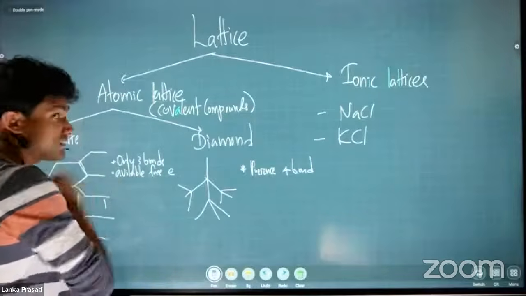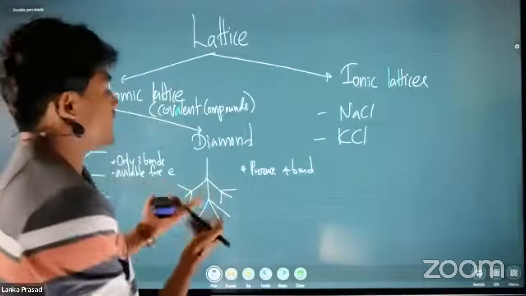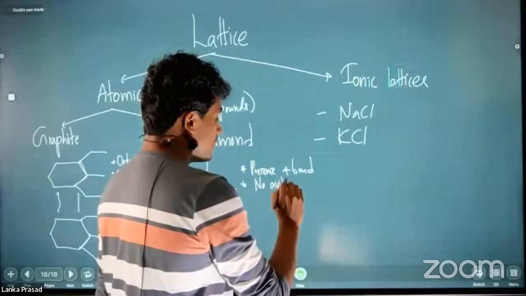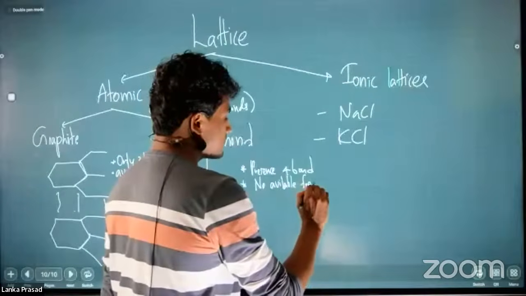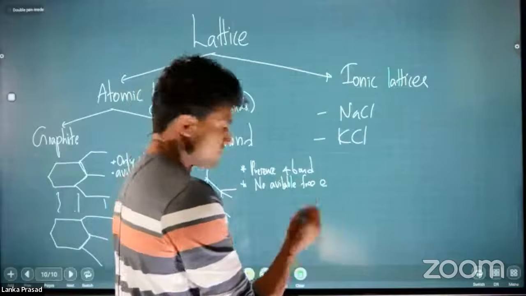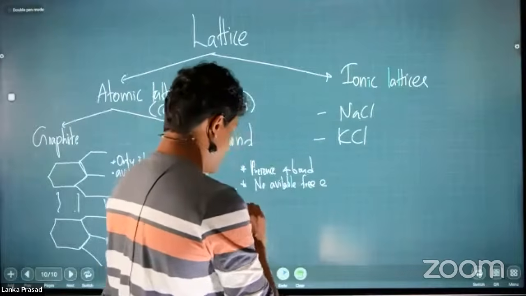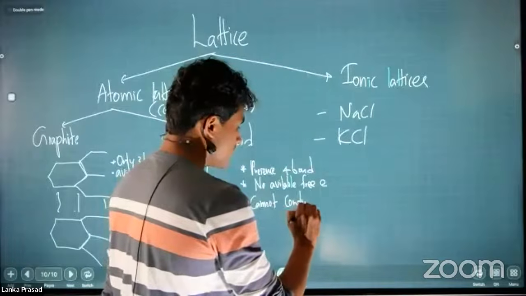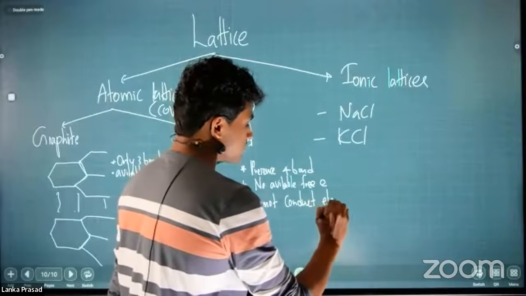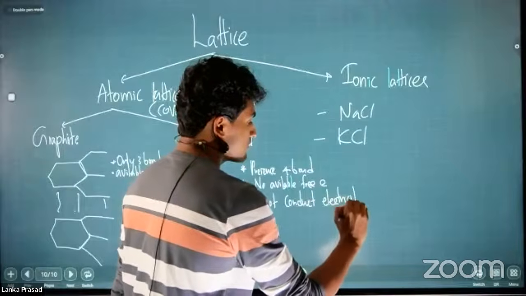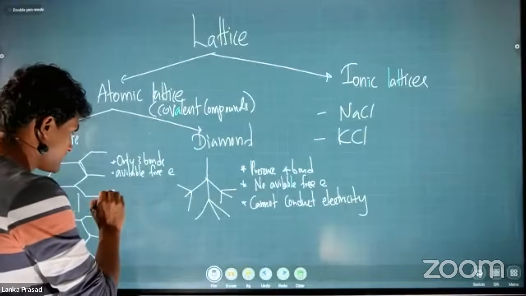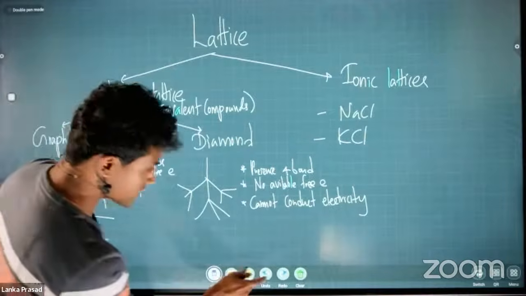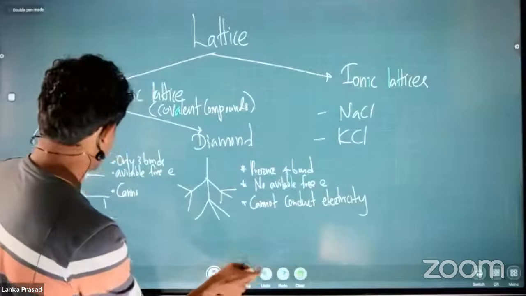In diamond every carbon has 4 bonds, so there are no free electrons. No free electrons means it cannot conduct electricity. Here, graphite can conduct electricity because there are lots of free electrons.